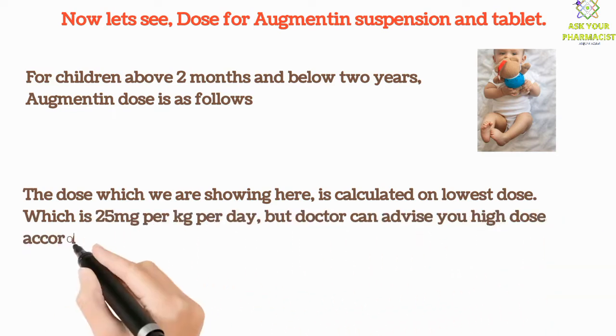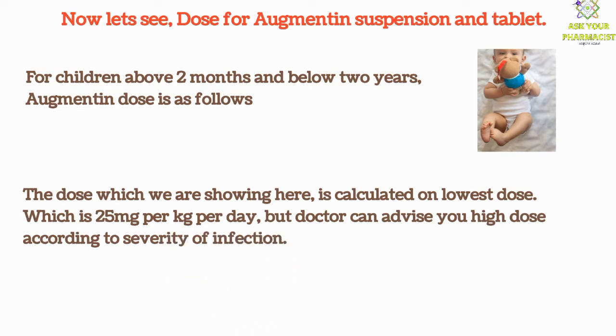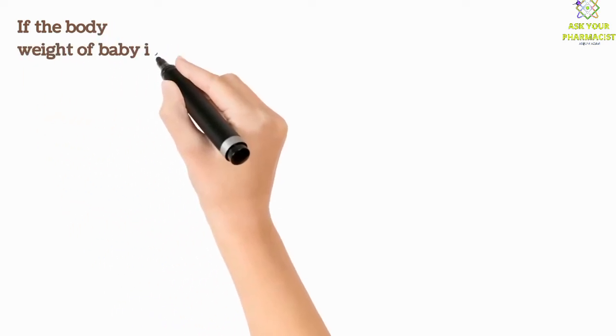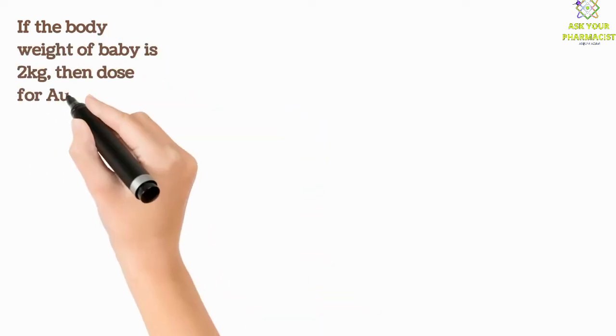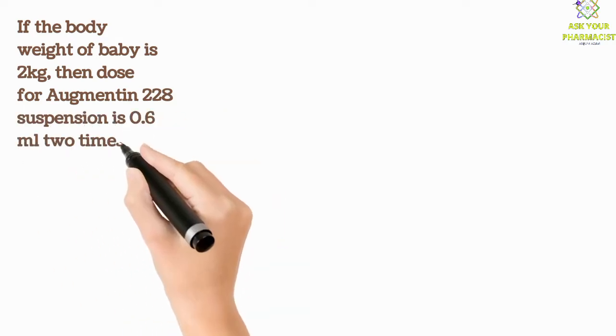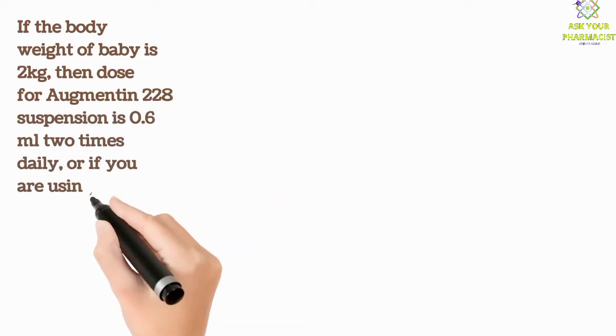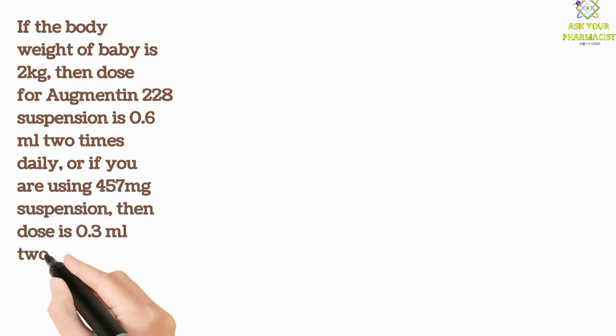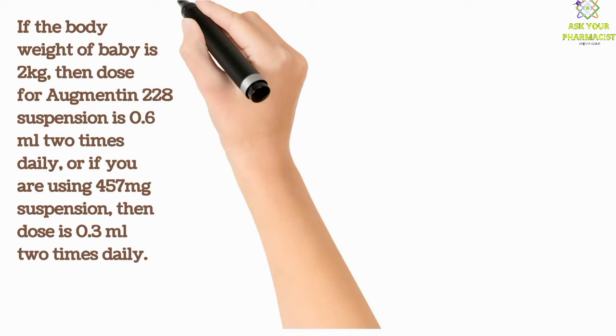But the doctor can advise a higher dose, according to the severity of infection. If the body weight of the baby is 2 kg, then the dose for Augmentin 228 suspension is 0.6 ml 2 times daily. Or if you are using 457 mg suspension, then the dose is 0.3 ml 2 times daily.